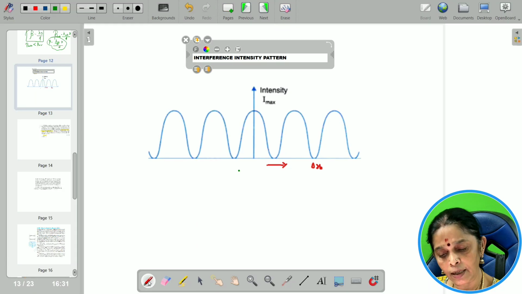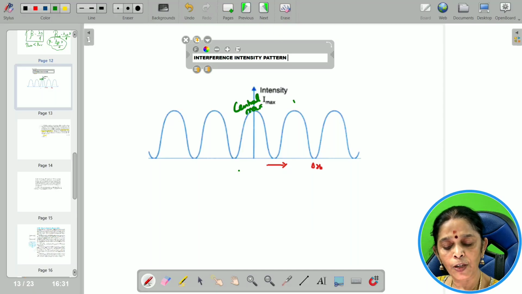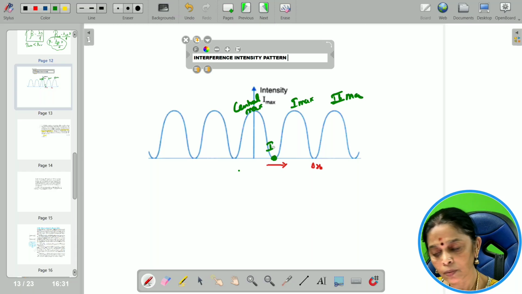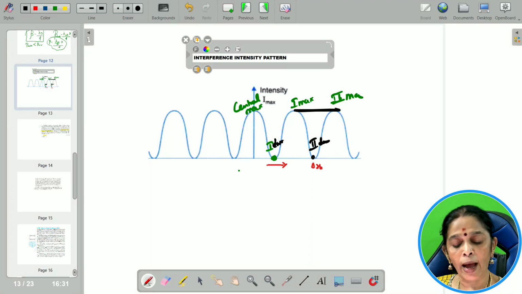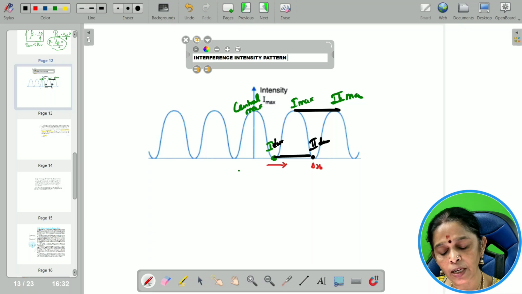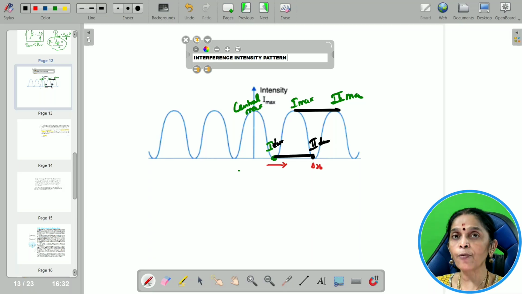You can see here, this is the central max, this is the first max, this is the second max, and this is the first dark, second dark. On either side, the distance between the first maxima and second maxima is the same as the distance between the two minima. So therefore, the fringe width is the same.